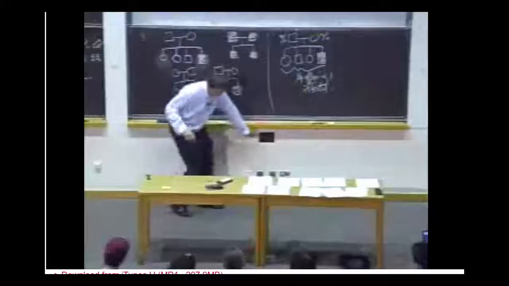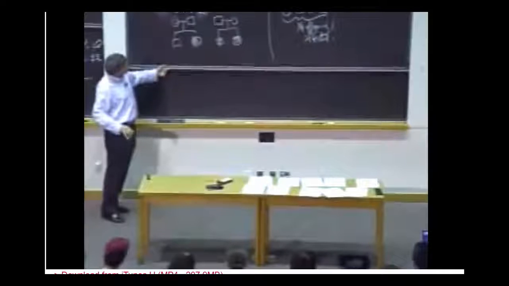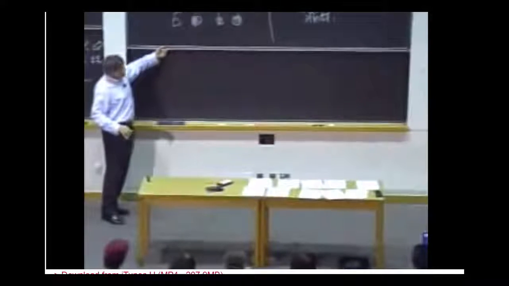Now, there's one other trick that you can use to know that something is autosomal recessive. That trick is this. To cite this trick, I have to go back to a person called Archibald Garrod.